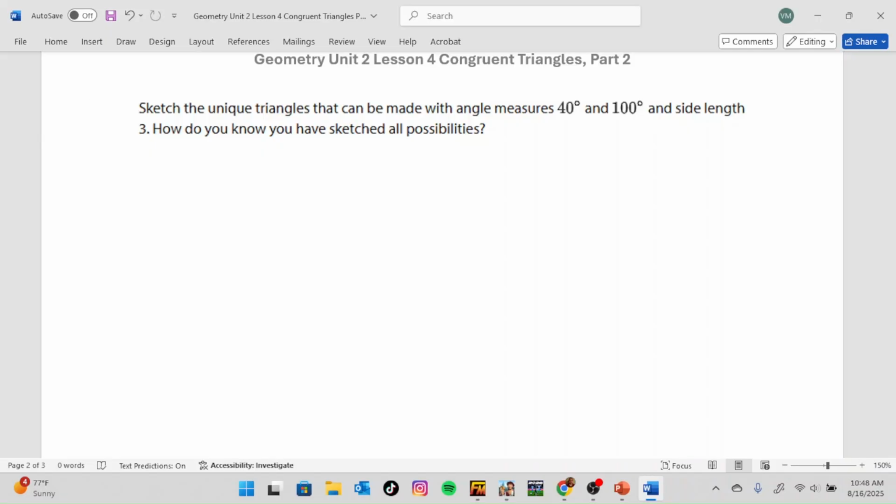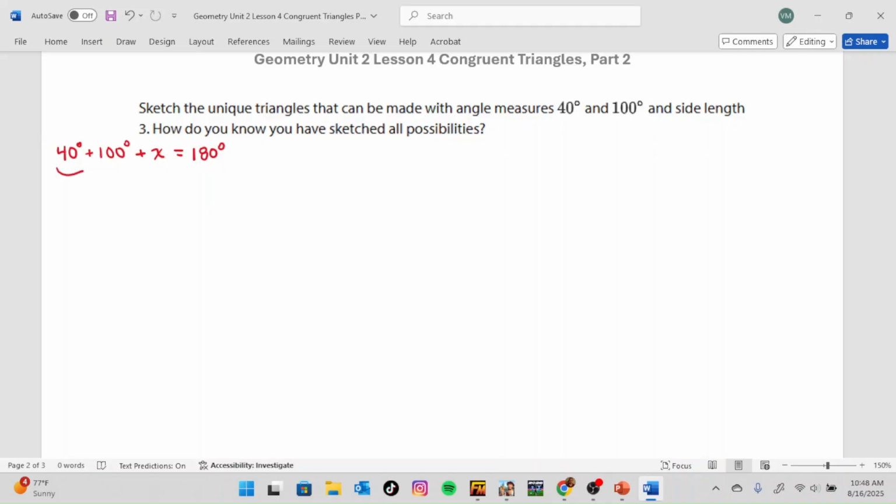So let's take the information we know. We know that we have an angle of 40 degrees, an angle of 100 degrees, and we have some other angle that we don't know yet. And we know that all triangles must sum to 180 degrees.